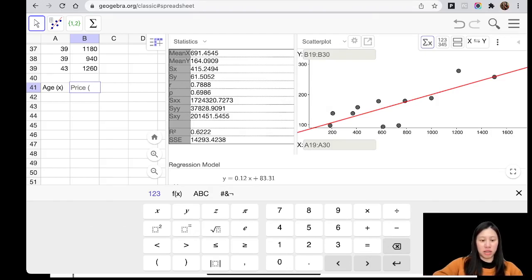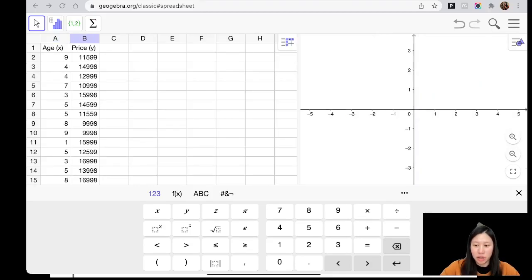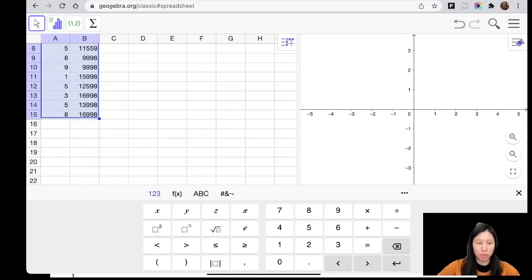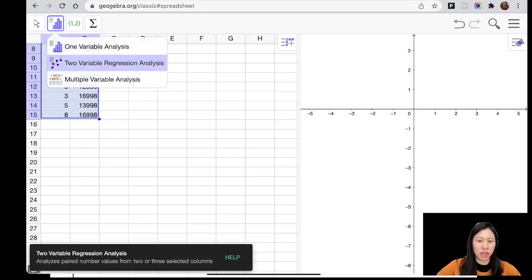This is our response variable, also the dependent variable. I'm going to pause the video and put in all of the data. Okay, I'm done inputting all of the values. So the next thing to do is highlight all of the data that you want to generate the plot, and then click on two variable regression analysis.